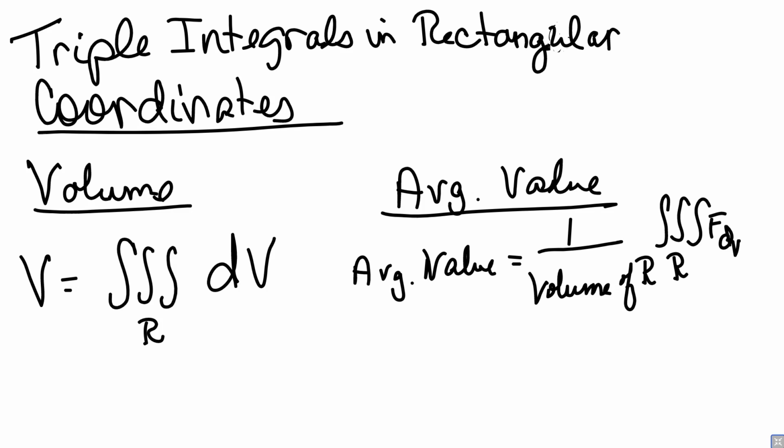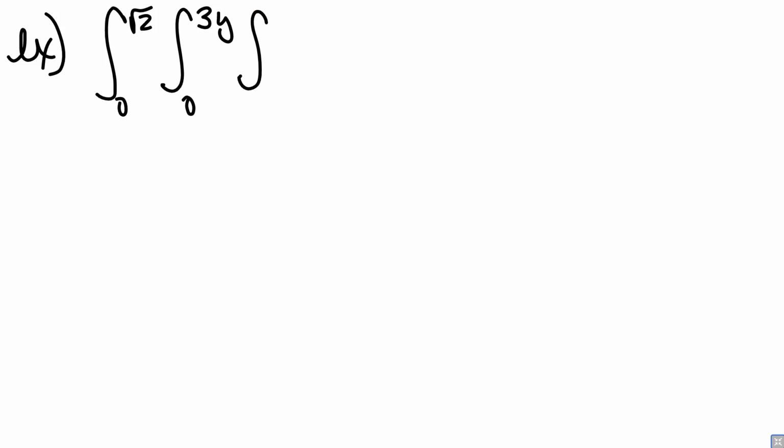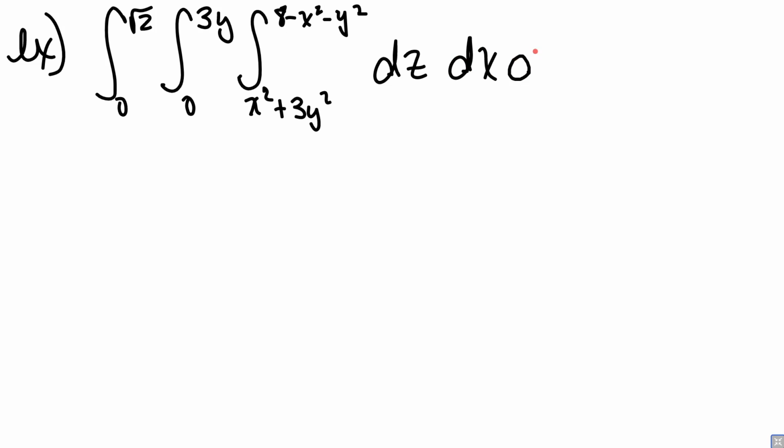So taking a look at our first example, we have the integral from 0 to the square root of 2, integral from 0 to 3y, integral from x squared plus 3y squared to 8 minus x squared minus y squared dz, dx, dy.